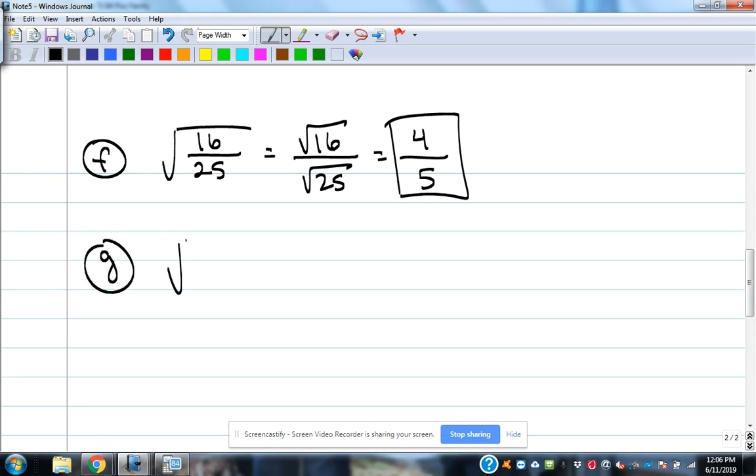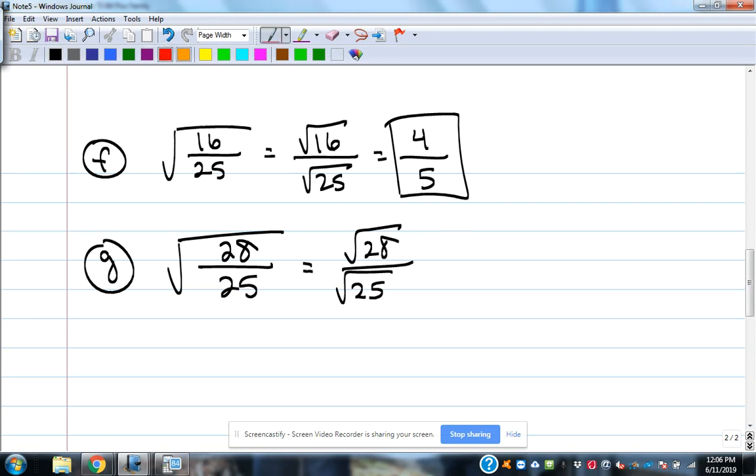If you had something like this, maybe the square root of 28 over 25, split it apart. We know the square root of 25 is 5, but the square root of 28 is not a nice number.